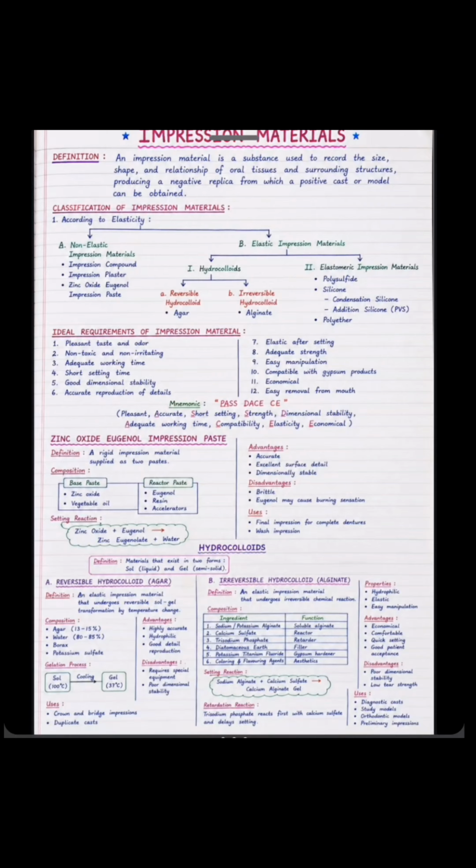Example, it shouldn't shrink or expand while sitting on the lab bench. A stands for adequate working time. Example, give the dentist enough time to mix and load the tray without rushing. And C for compatibility with gypsum products, that is, it doesn't ruin the surface of the stone cast poured on it.